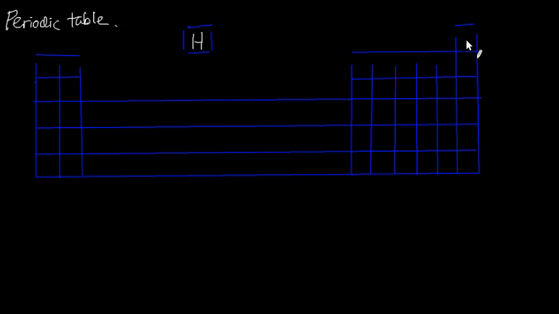Well, I said largely, but not completely. I'll say why in a moment. So, starting with hydrogen, the next element is helium. Okay, so the atomic number goes in the same order as the ordering on the periodic table.